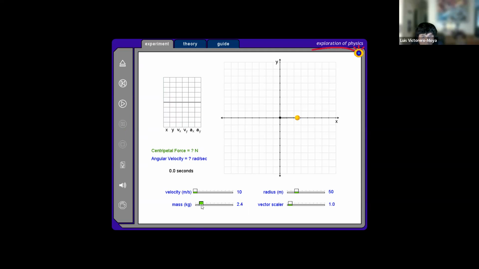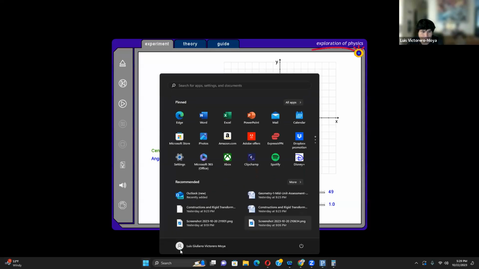So if I make it 2.5, if I want 4 newtons, mass v squared, 250 divided by 1 radius will give me 4. So we have decimals here. So we may have to change this part a little bit to make the exploration of the centripetal force, mass v squared. So let's see.